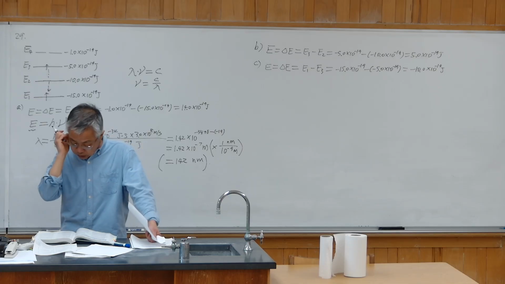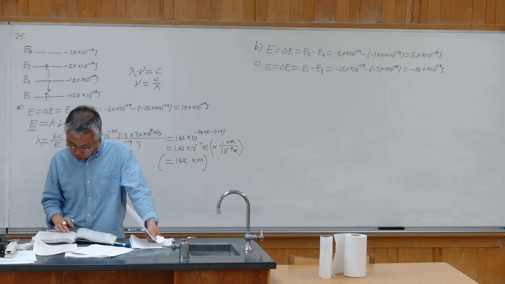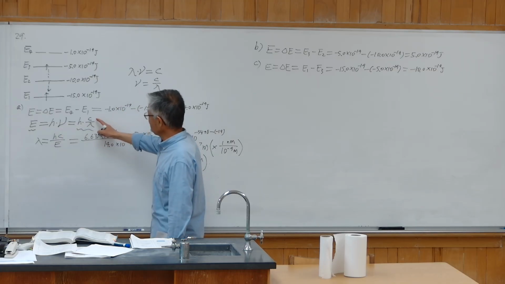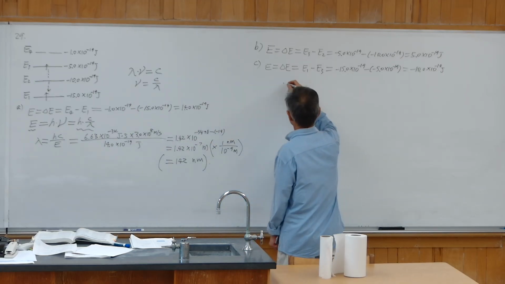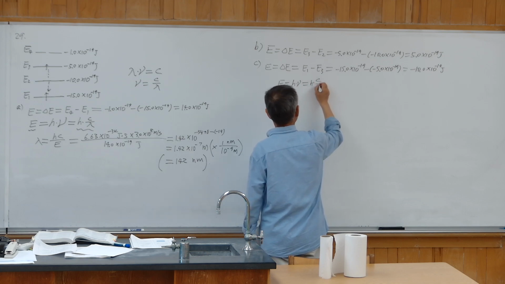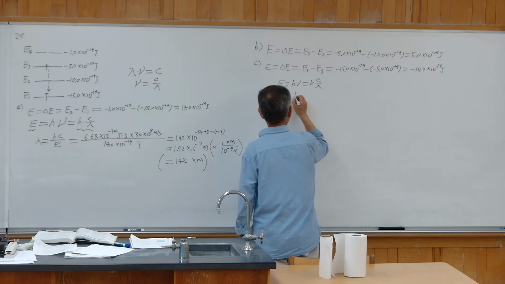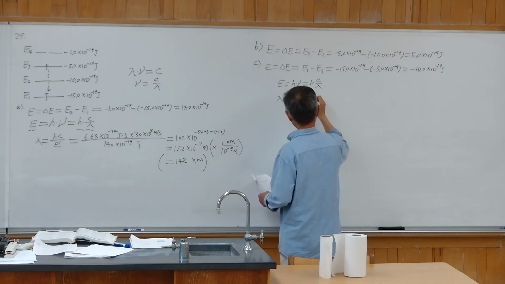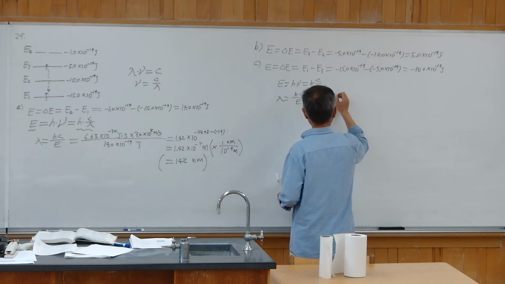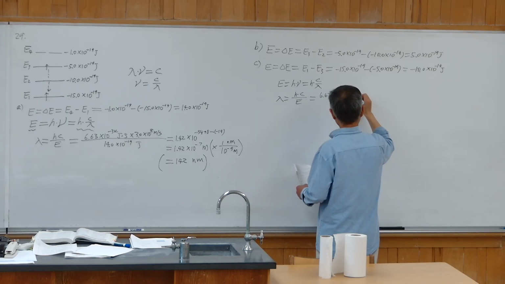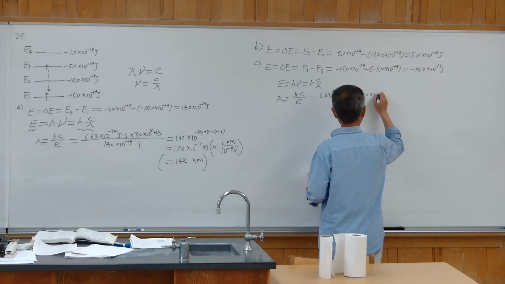From the energy released, we can convert it to wavelength. So energy equals h nu, and nu equals c over lambda. So lambda equals h times c divided by E. H is the Planck constant, 6.63 times 10 to the negative 34th power joule second, times the speed of light, 3 times 10 to the 8th power meter per second.